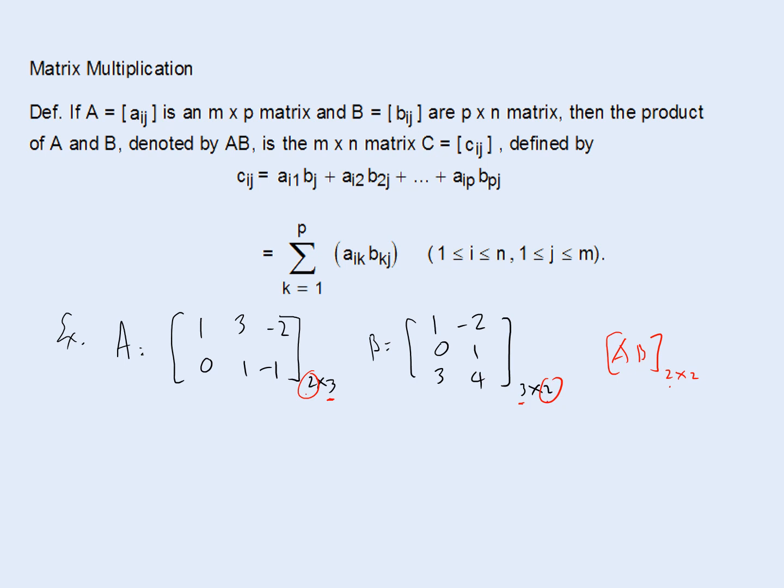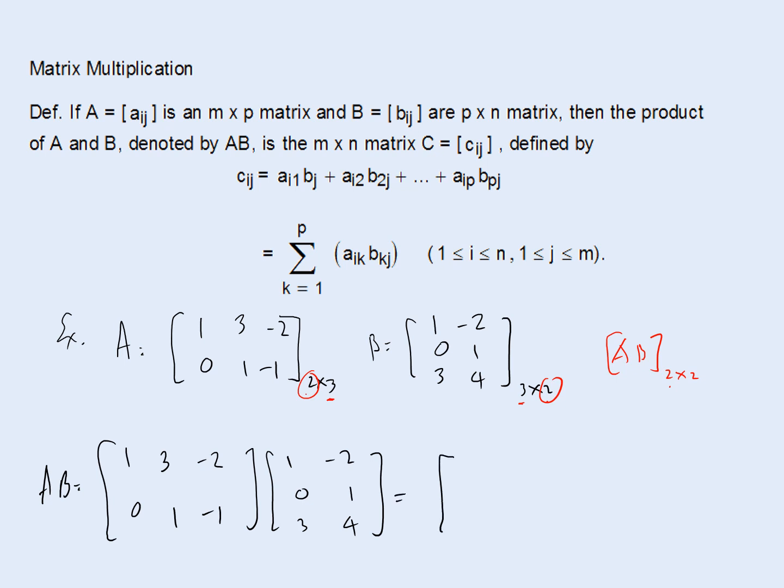Alright. So the product AB is equal to, let us rewrite the elements, 1, 3, negative 2, 0, 1, negative 1, and 1, negative 2, 0, 1, 3, 4. Okay, so the resulting matrix is a 2 by 2 matrix. Start with the first row.